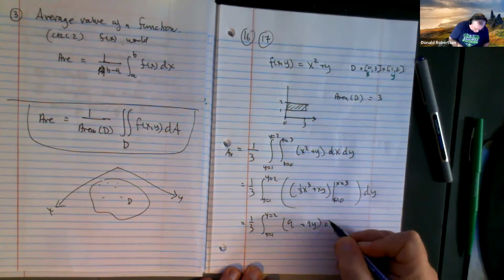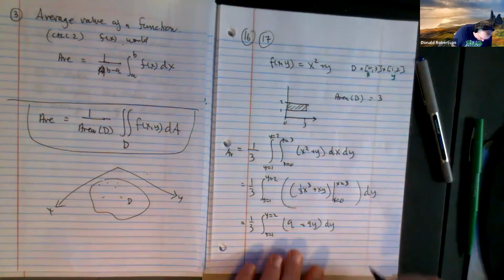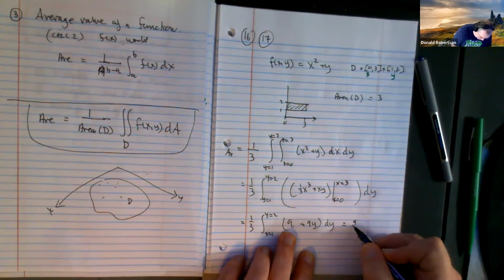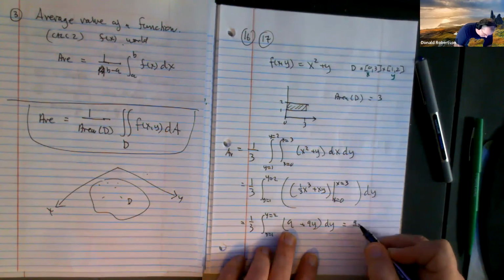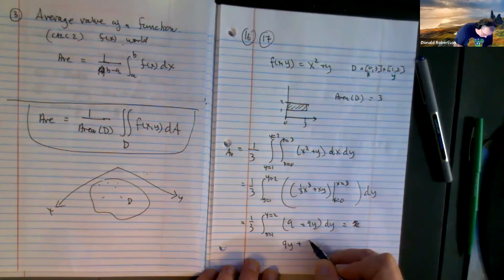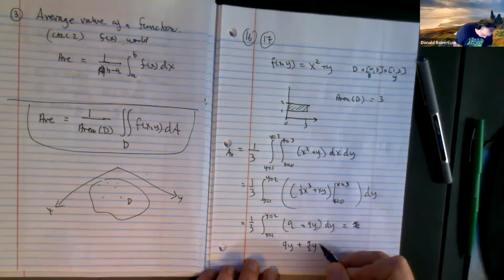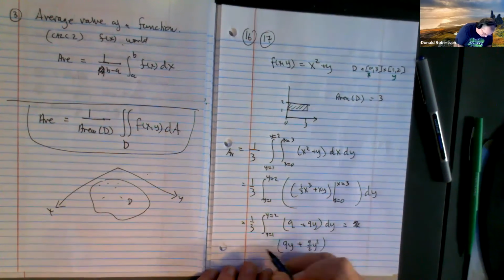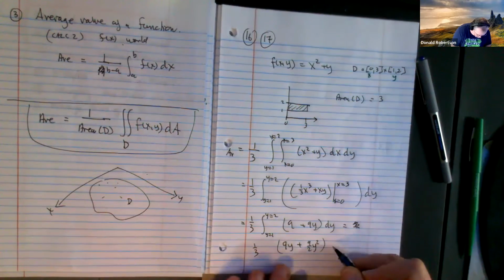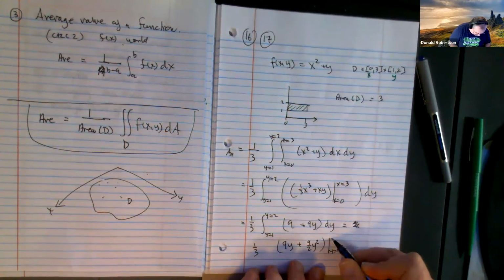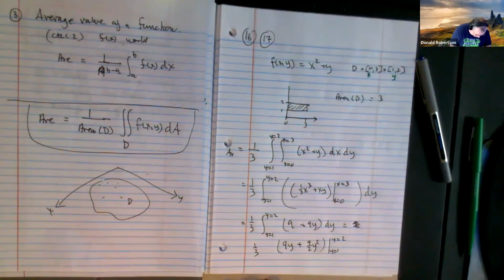And you get that. This becomes 9y plus 9 over 2 y squared. Still get a third here. Evaluated at 1 and at 2. So that gives me 1/3.